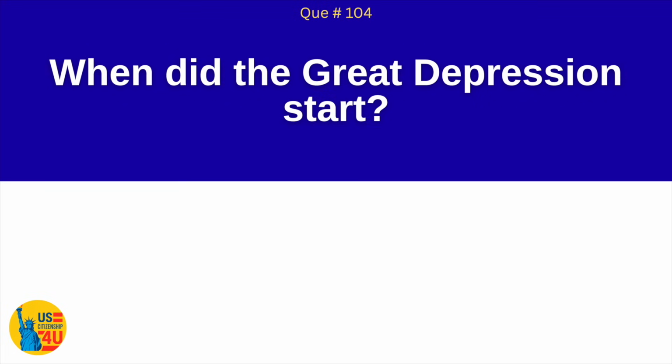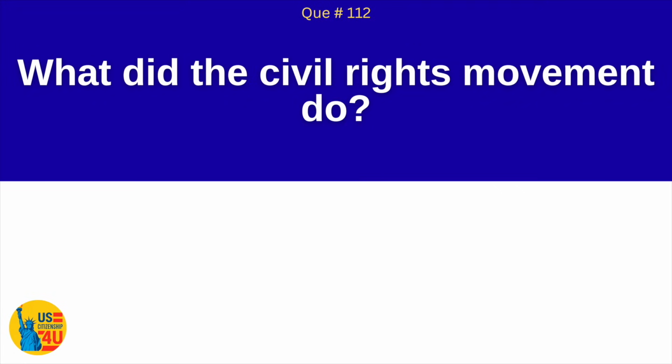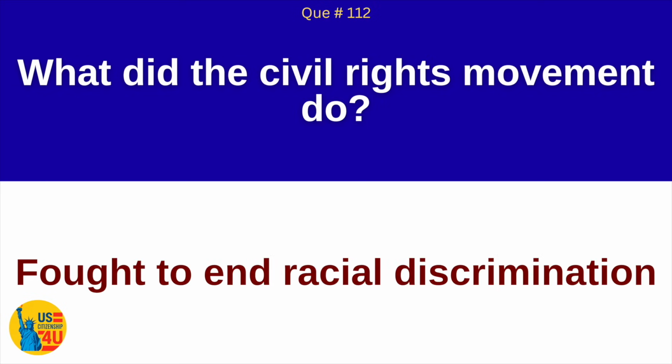When did the Great Depression start? The Great Crash, 1929. What did the Civil Rights Movement do? Fought to end racial discrimination.